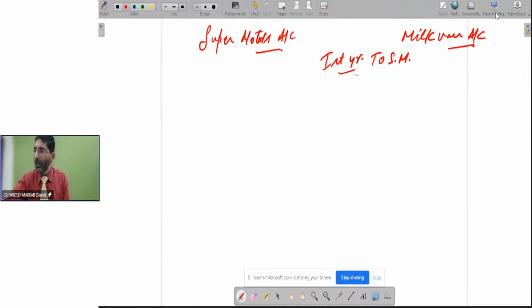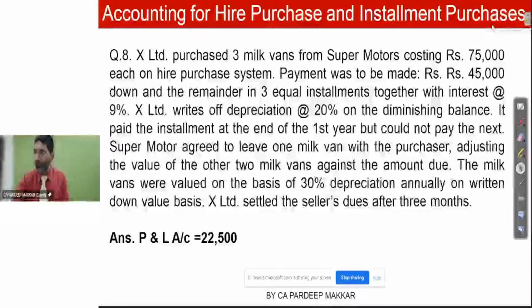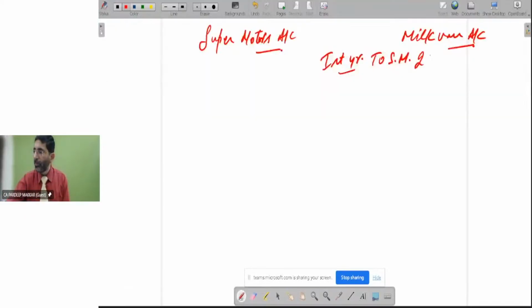So the asset has been purchased at which value? The cash price is 75,000 each, so it is 2,25,000. Here the only deduction is charged at the rate of 20%, not 30%.